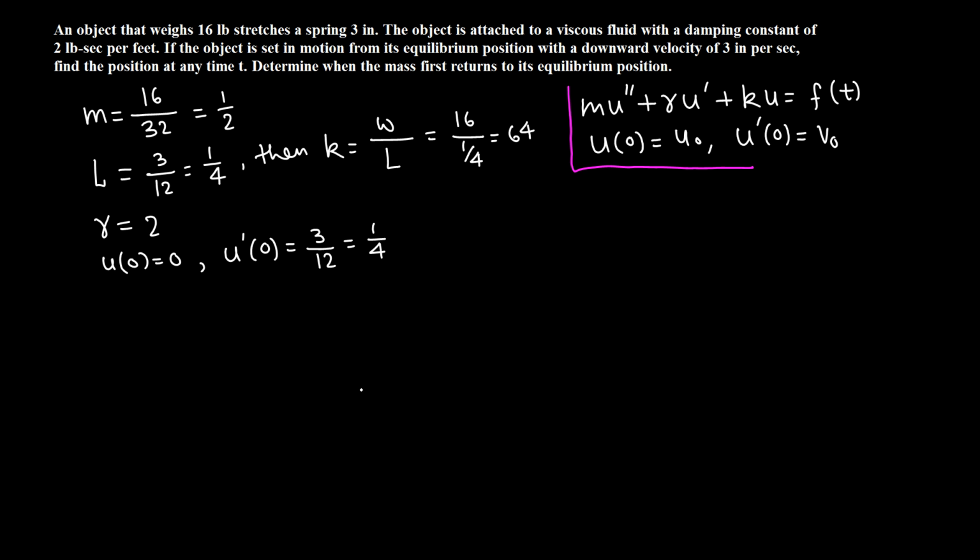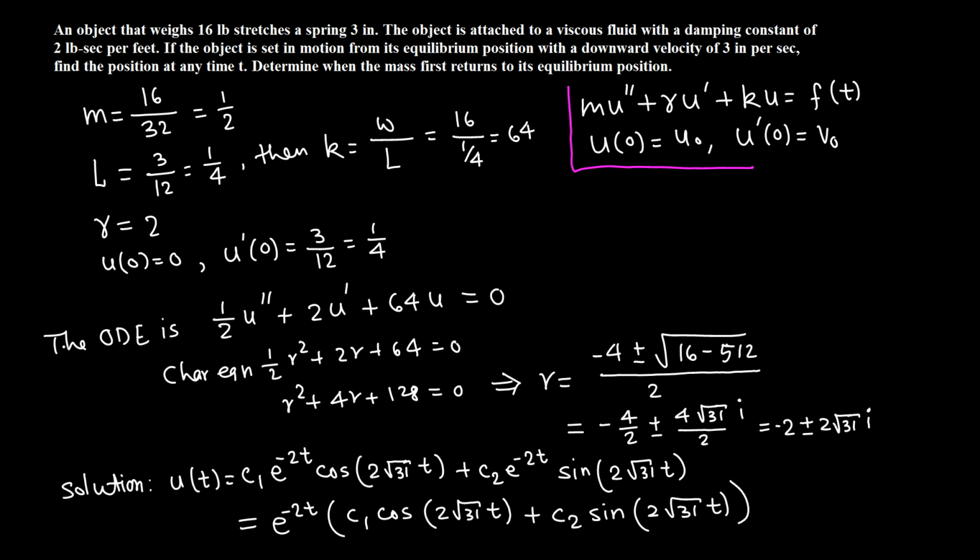Then once we have two roots, we write down the solution. So the ordinary differential equation is 1/2 u double prime plus 2 u prime plus 64 u equals 0, because there are no external forces, so that's 0.